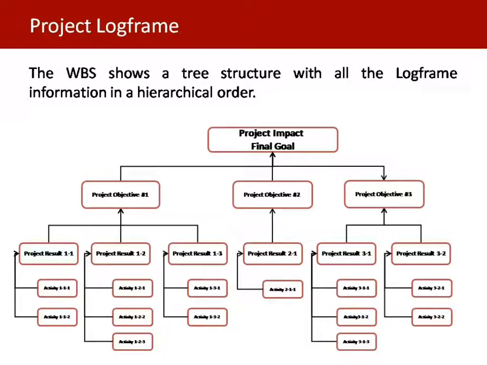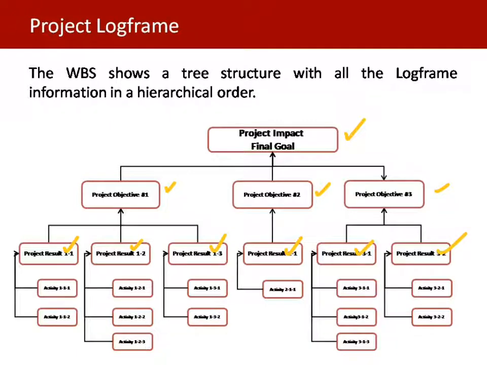Let's look at how the WBS shows a tree structure with all the Logframe information in a hierarchical order. This is a visual tool that helps the project identify everything we need to know about the project. The project defines a goal, defines its different objectives, and for each objective defines what those results are going to be.